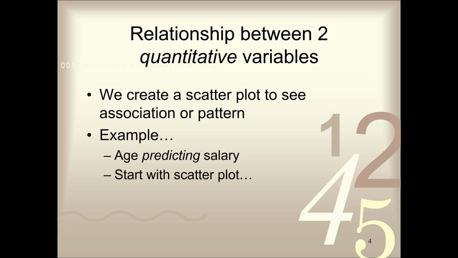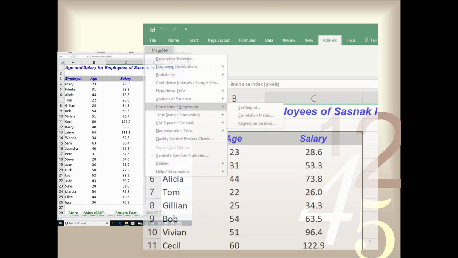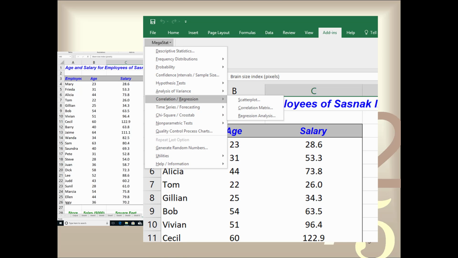So let's say we have age predicting salary, two variables that we would expect to be somewhat correlated. Okay, so I get some data on age and salary, each person's age along with their salary. And I go to Add-ins, Megastat, and here we're going to go to correlation regression.